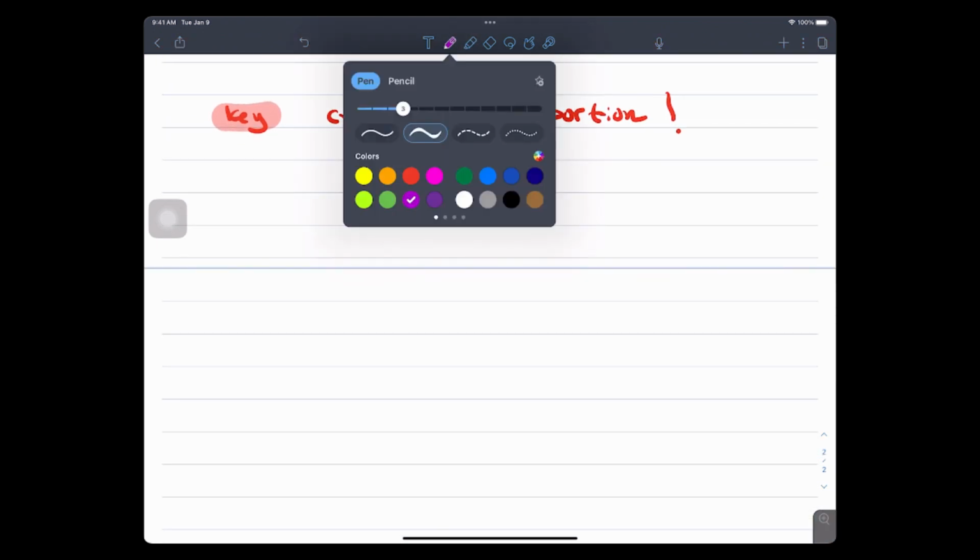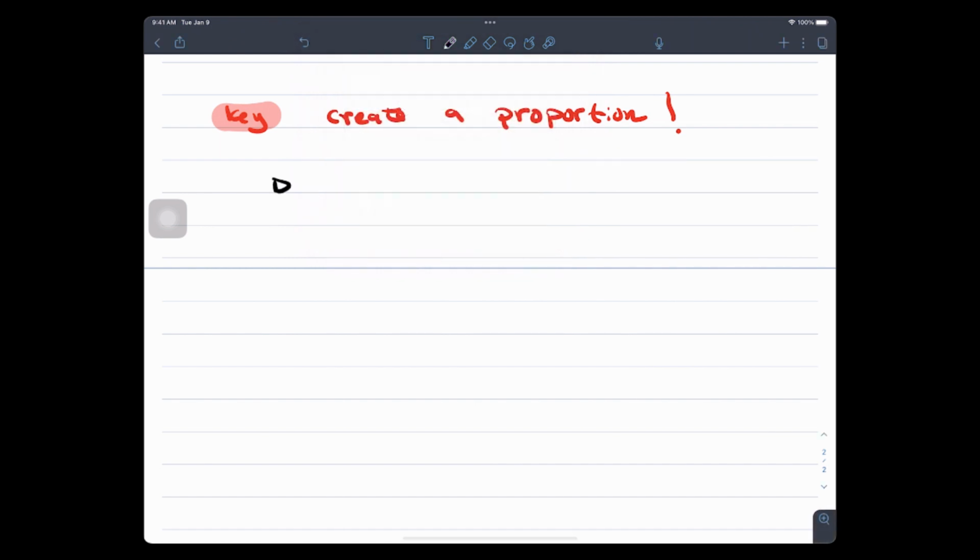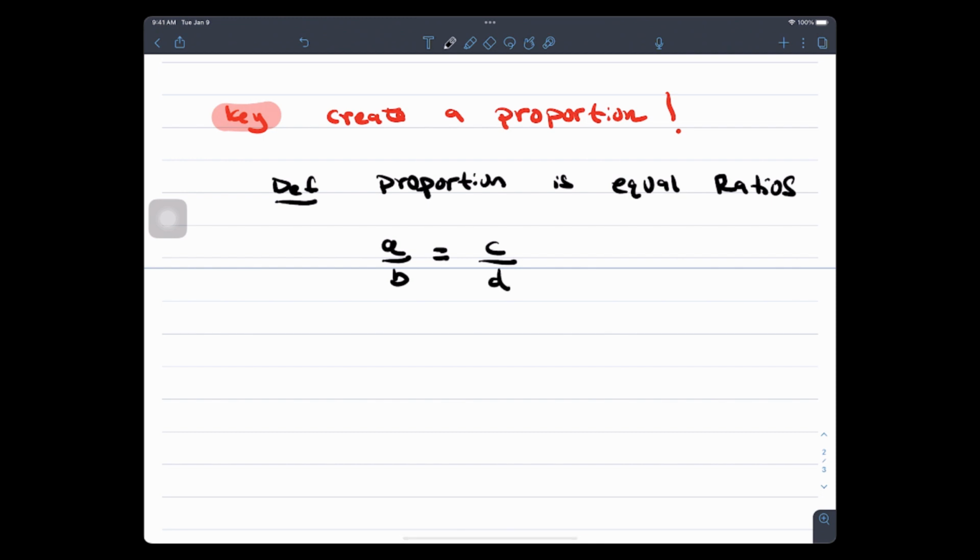Well, let's get out our definition again. Definition of a proportion, ladies and gentlemen. A proportion is equal what? Ratios. So you put A over B equals C over D. What do you do now?